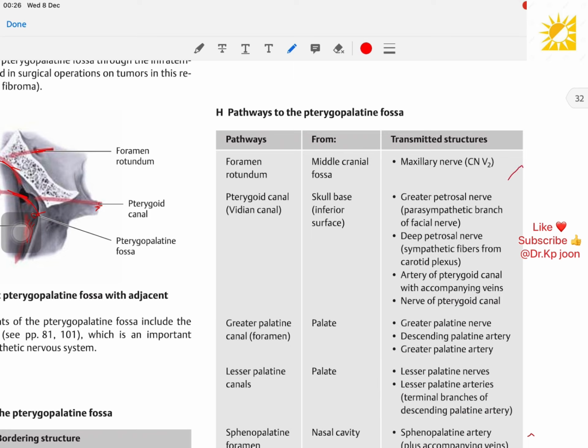The pterygoid canal, also called the Vidian canal, comes from the skull base inferior surface, and the transmitted structures are the greater petrosal nerve, parasympathetic branch of the facial nerve, deep petrosal nerve, parasympathetic fibers from the carotid plexus, and the artery of the pterygoid canal with accompanying veins, the nerve of the pterygoid canal.